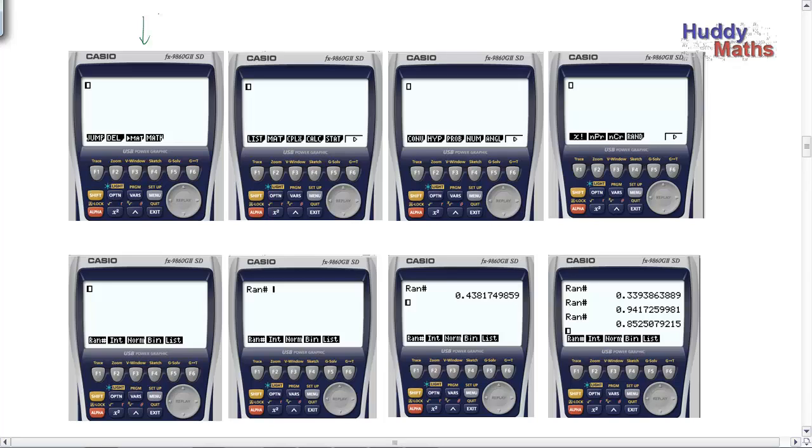I'd like you to get that up on your calculator, then hit the option key. You get this window, and we go to the next window, and this is where we try to find a random number generator.